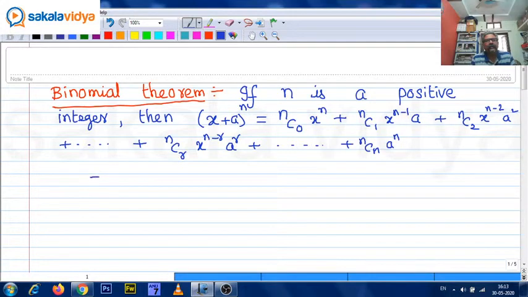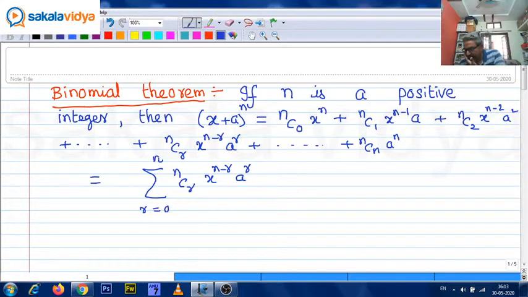This also we can write as sigma nCr x to the power of n minus r a to the power of r, r equals 0 to n. This is called binomial theorem for the positive integer n.